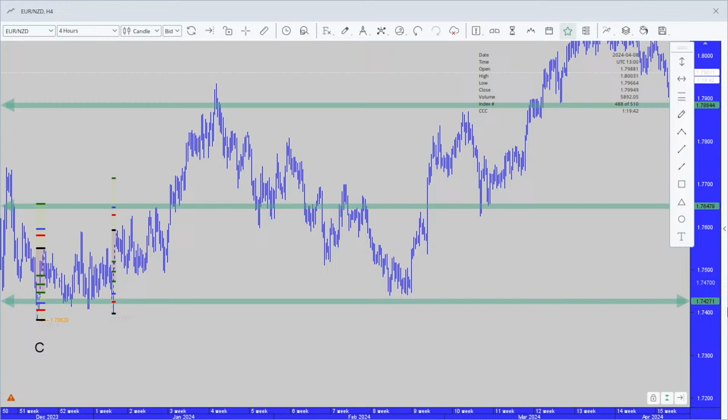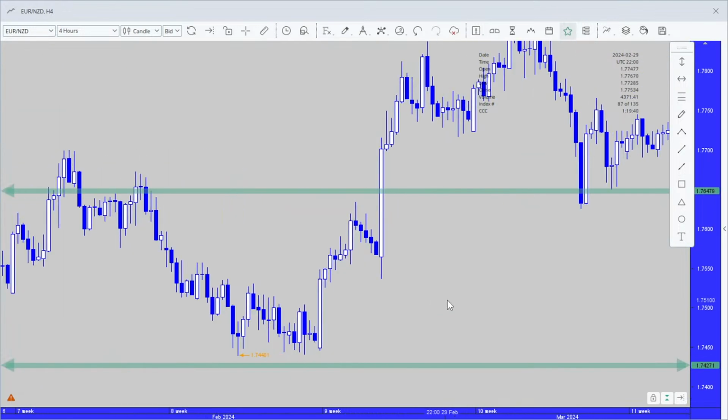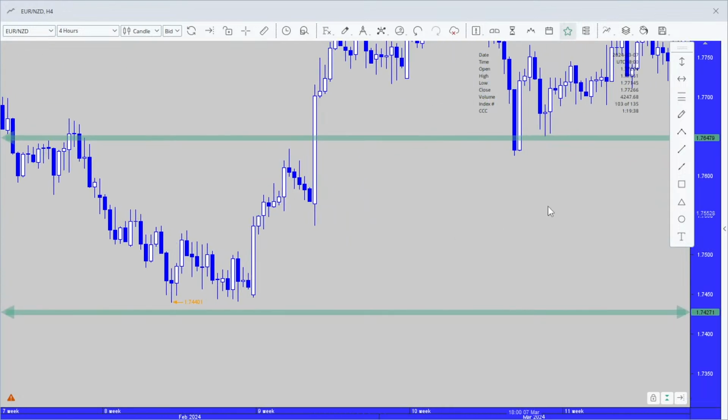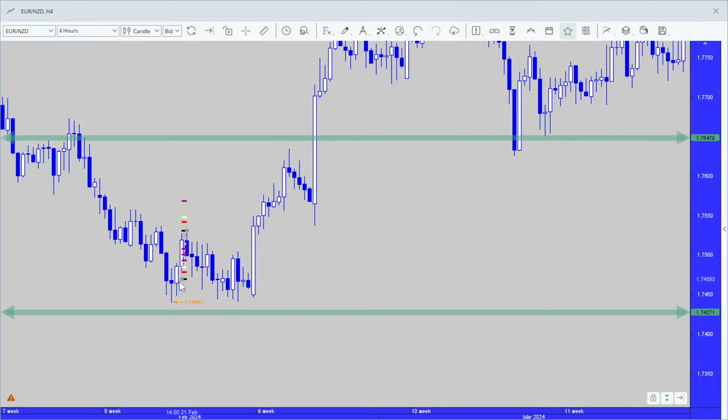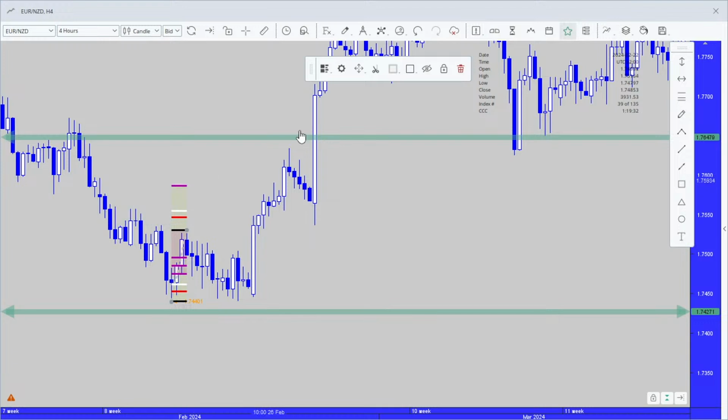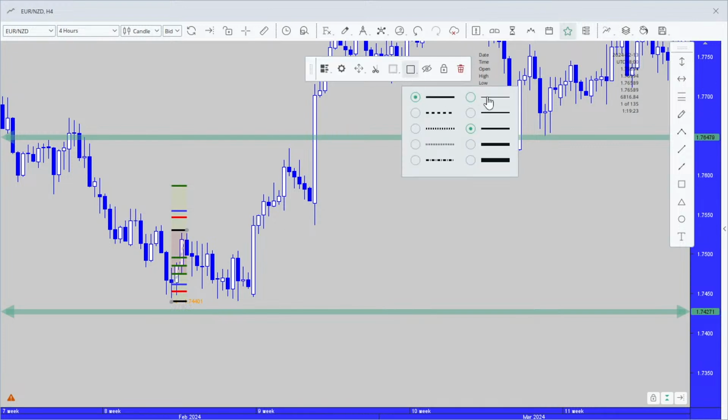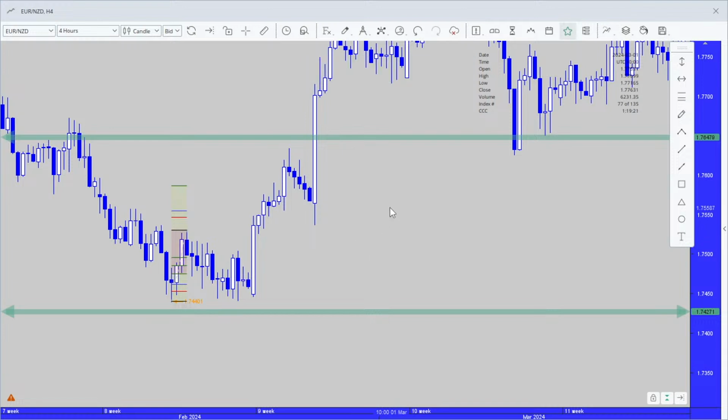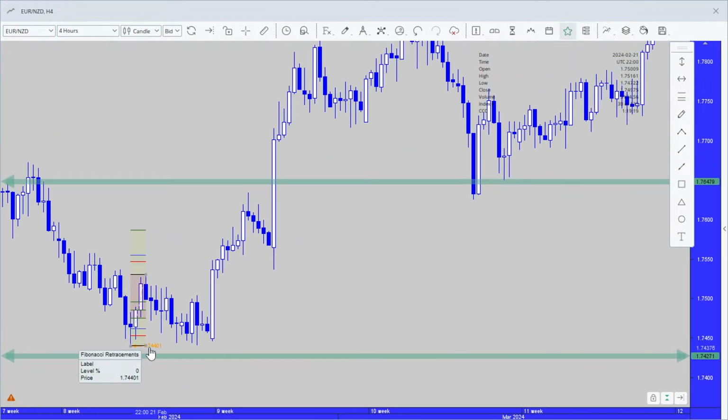That's the C anyway, so the confirmation Fibonacci one more time, that's the low, and we're going to click in here. Just for a pip, doesn't matter, it's still the lowest low.